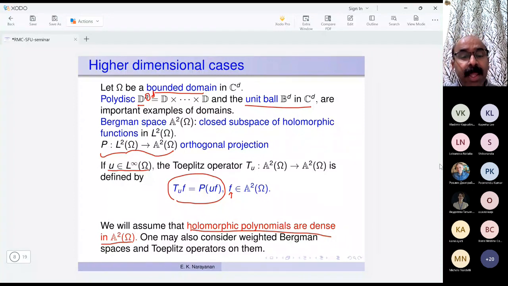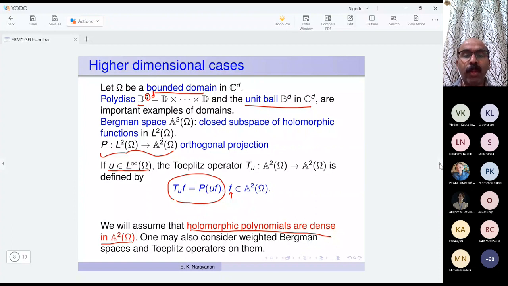So even in the one-dimensional case, we don't have a characterization of all planar domains for which holomorphic polynomials are dense in A2 of omega, the Bergman space. So that is an assumption we will keep, and most of the examples we look at will have this property, like the polydisk and the unit ball and so on. This is automatically true. Okay.